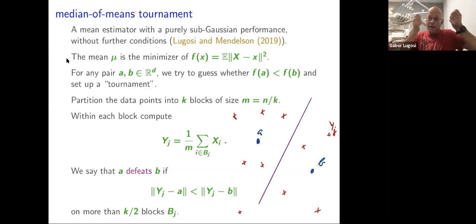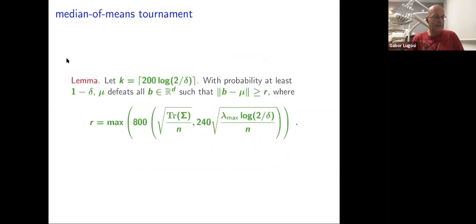Now I have a way of comparing two candidates. And here's a little statement that is the key to everything. What it says is that the true mean will defeat every other candidate that is more than distance r away, where r is exactly that sub-Gaussian quantity.